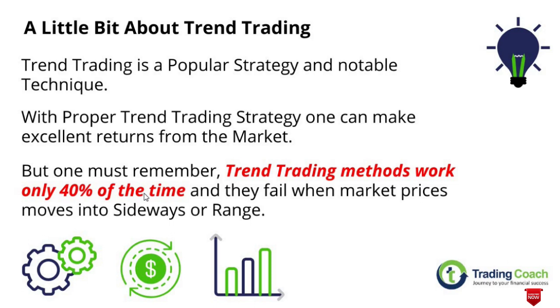They do give you a very good way to trade the markets, but only 40% of the time they usually work, because nearly 60 to 70% of the time the market prices are in a range or sideways. So this is one of the major drawbacks of trend trading.